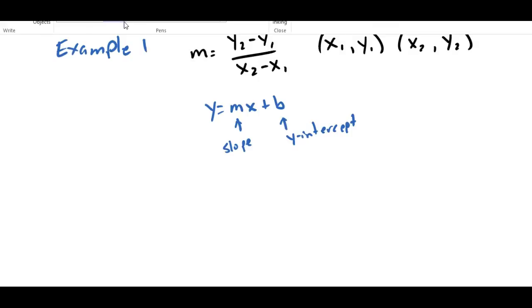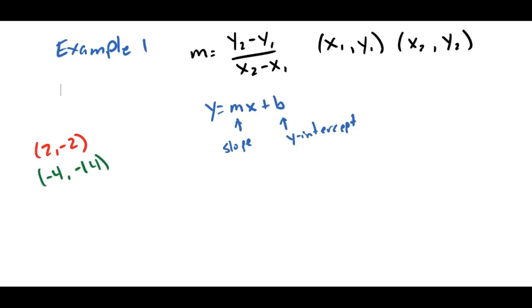So, first things first, I need to give you a couple of ordered pairs. So here's one ordered pair, 2, negative 2. And then the other ordered pair would be negative 4, negative 14.